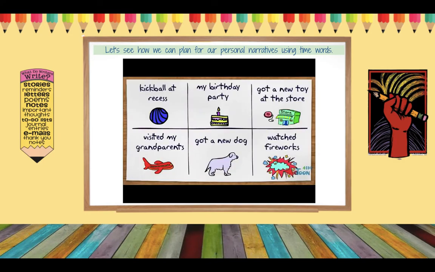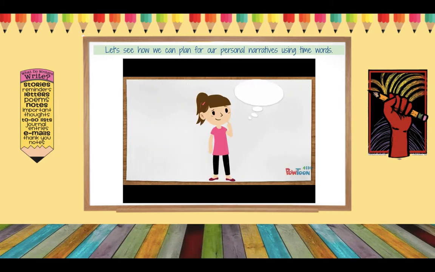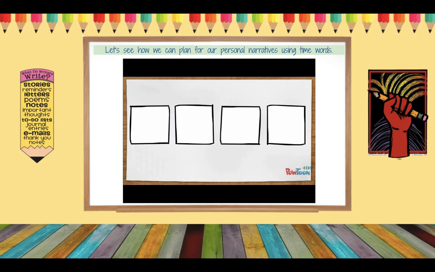I have already brainstormed and chosen a topic for my story, so now I'm ready to plan and pre-write. I'm going to write about when I got my new dog. So, first I need to think about what important things happened that I'm going to write about. I have 4 pages, so I'm going to think about what will go on each page. The first thing that happened was my mom told me I could get a dog.